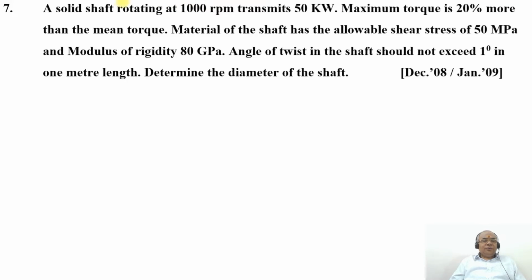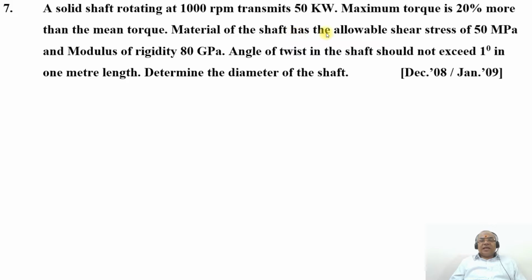Now, in this video, we are going to take up one more problem on shafts. The problem reads as: a solid shaft rotating at 1000 RPM transmits 50 kilowatt. The maximum torque is 20% more than the mean torque.